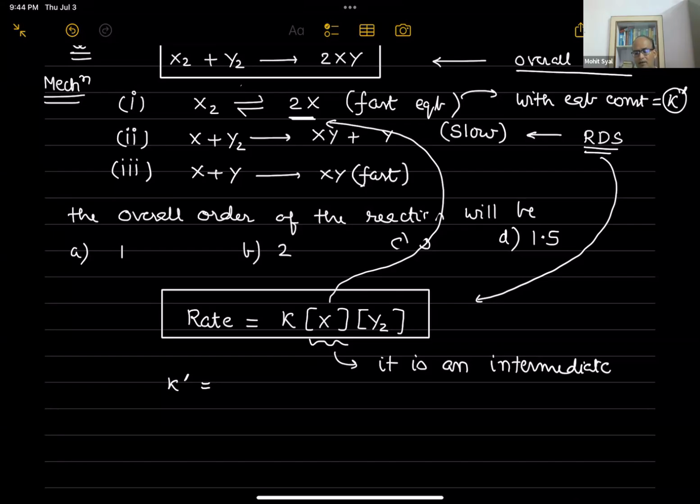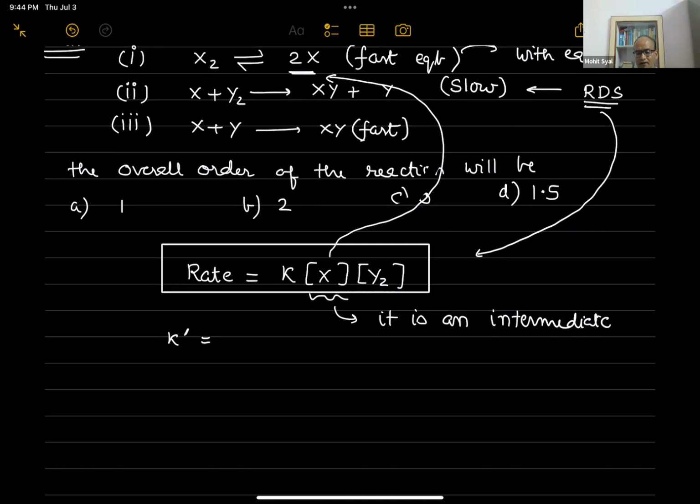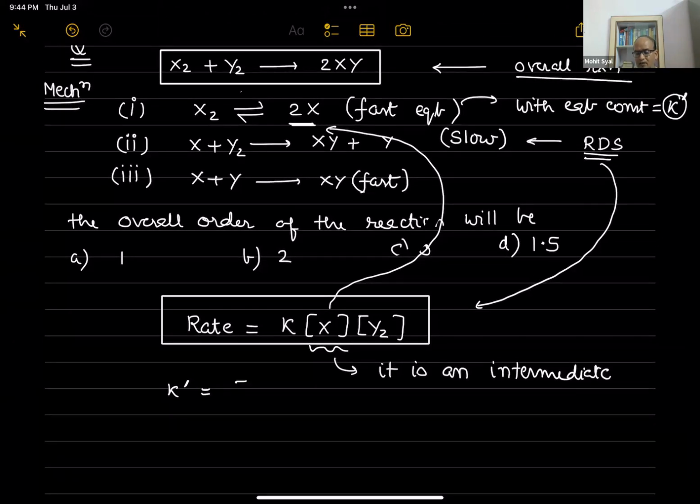So what is the equilibrium constant? How do you write it? Justine, tell me. Yes, Justine, you are correct. So how did you derive it? In class 11, the concentration of products, each raised to the power of its stoichiometric coefficient: x square by x2.